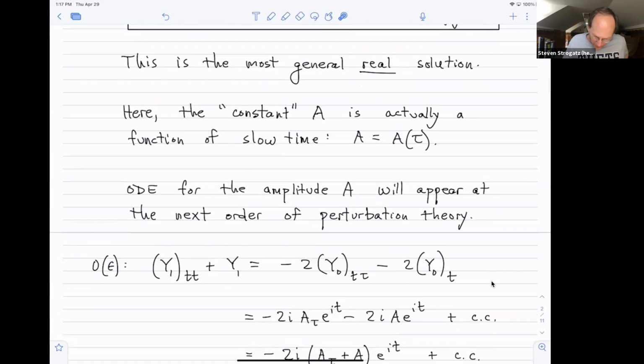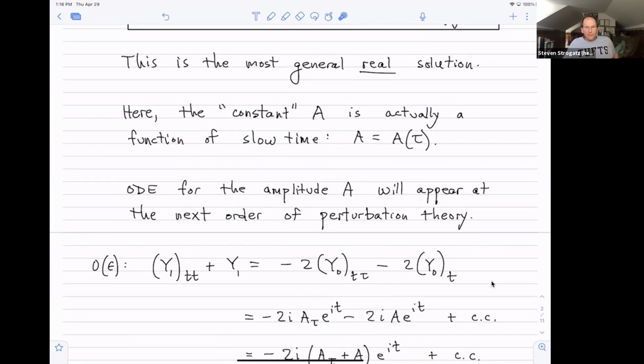That gives me an expression that looks like A sub tau, e to the it, get this factor out in front because I have the -2, and then an i came down from differentiating the e to the it with respect to t. So there's that term there. There's also its complex conjugate, which is getting thrown in there. And then similarly, this damping term, y0 sub t, gives rise to this, and its complex conjugate also gets lumped in there.